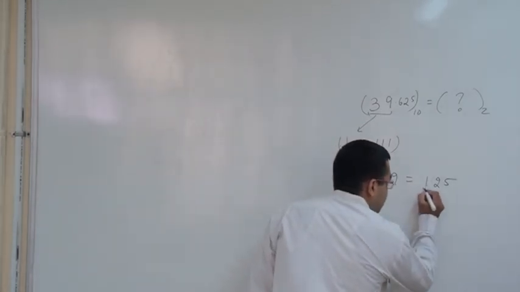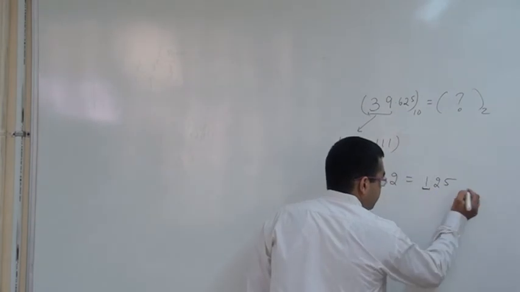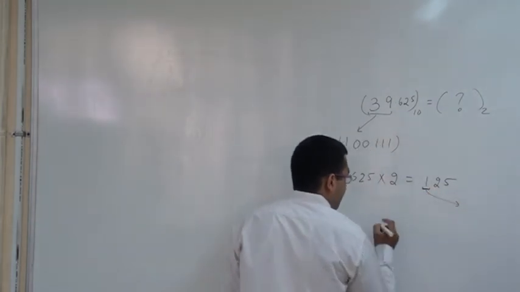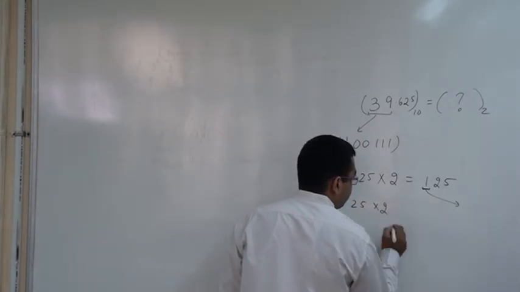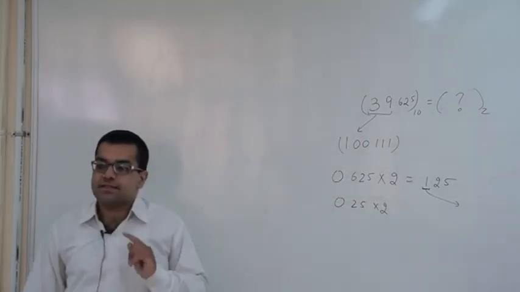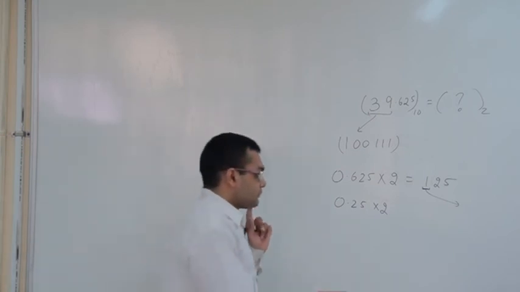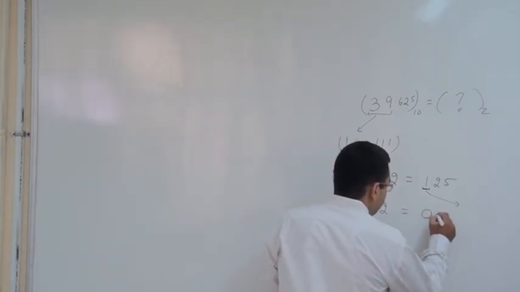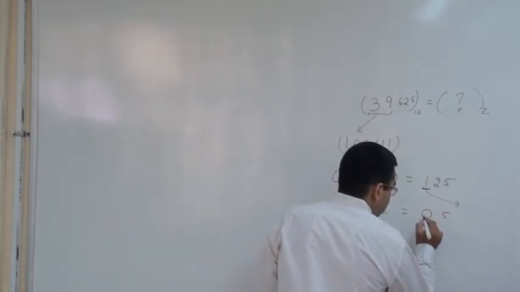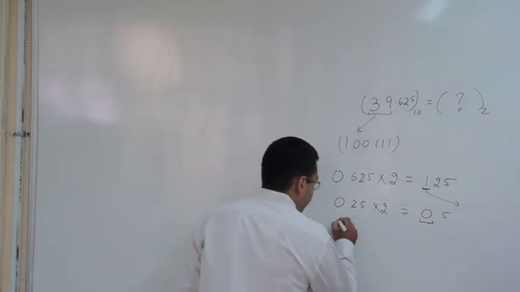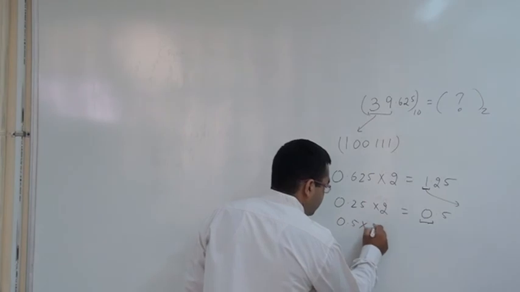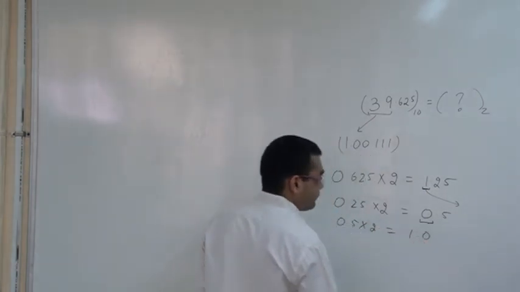So take this 1, remove it, and the remaining is 0.25 into 2 in the second step. Again you multiply, this is 0.5, so take this 0. Now 0.5 into 2, that is 1.0.